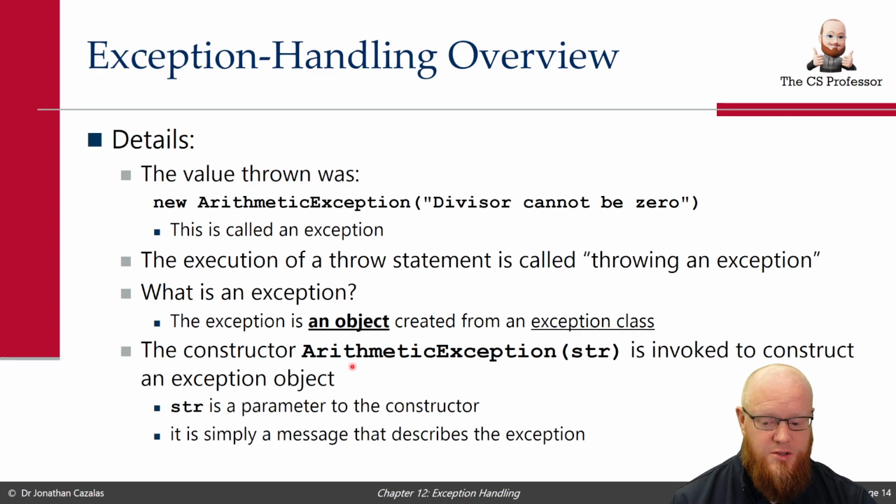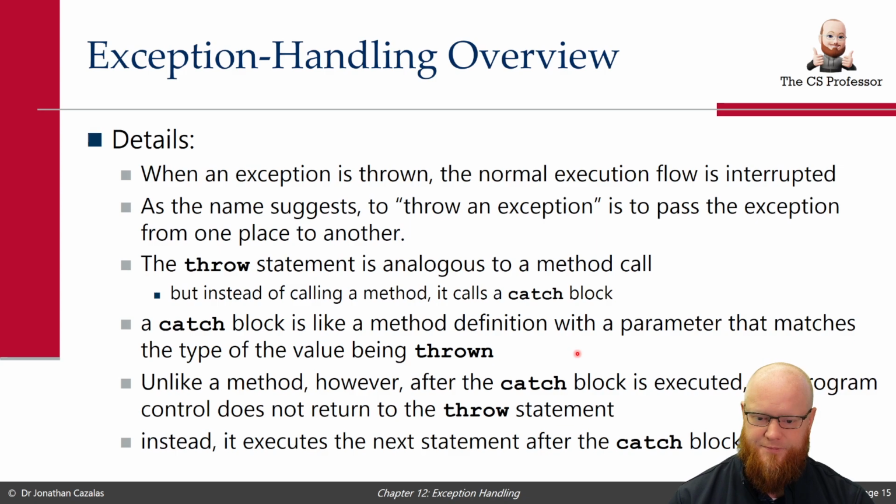And this constructor, arithmetic exception with that single parameter, a string, was invoked to construct that particular exception object. And as mentioned, we sent over this string right here as a parameter to that exception object, which just describes the exception that's happening. And so the one who catches that exception, if that caller wants, they can choose to extract this string and use it or print it.